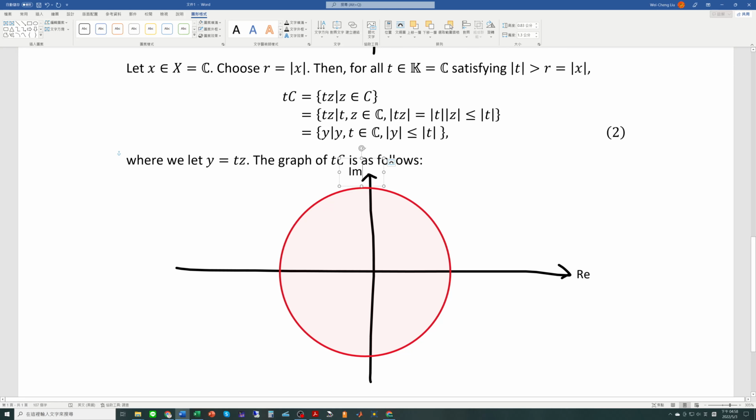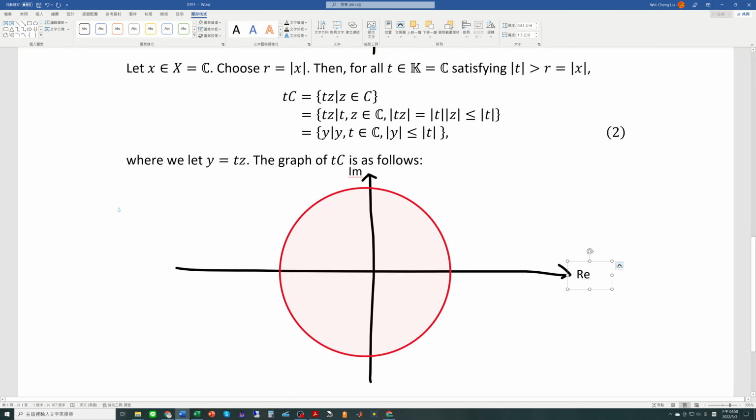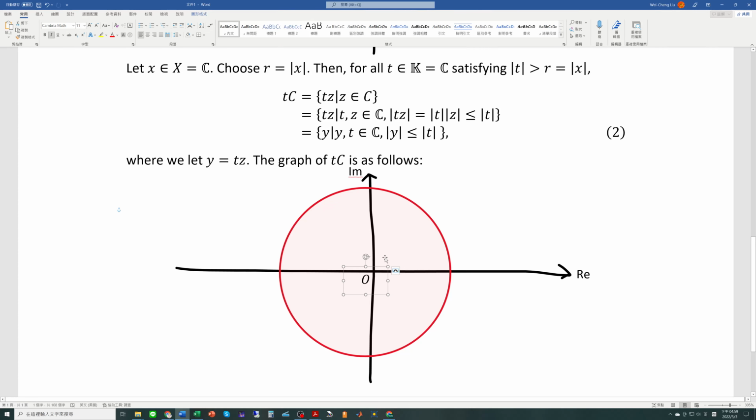Next I need to place the origin here. So this is the origin, capital O. Please note that the absolute value of y is smaller than or equal to the absolute value of t.